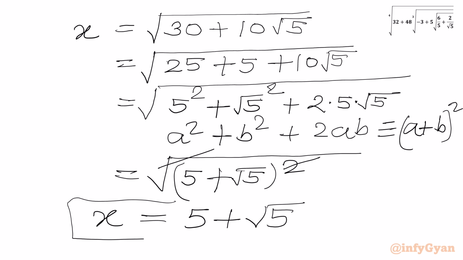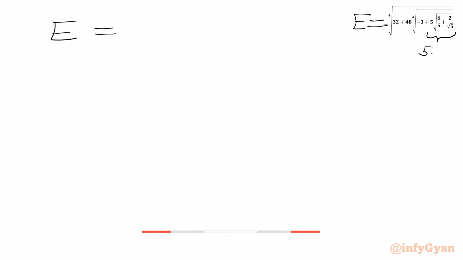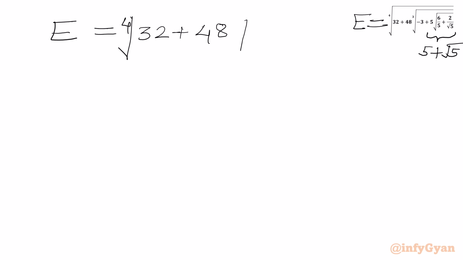Let's put the value of x in our expression E. So I can write E will be equal to the 4th root of 32 plus 48 times the cube root of minus 3 plus 5 plus square root 5.